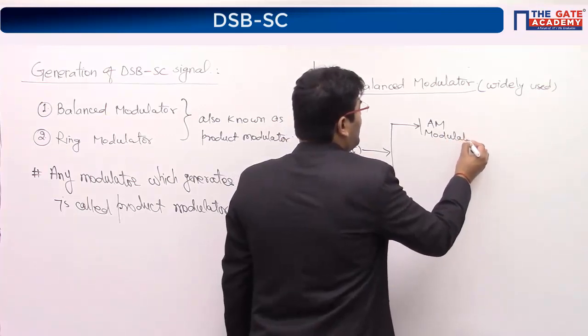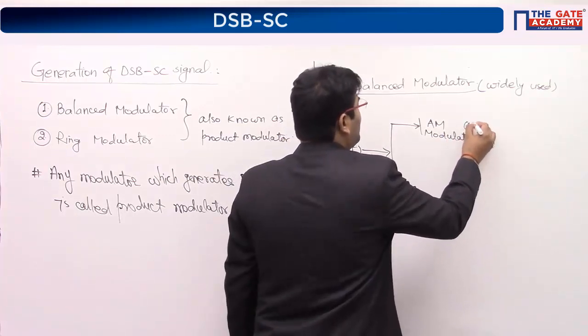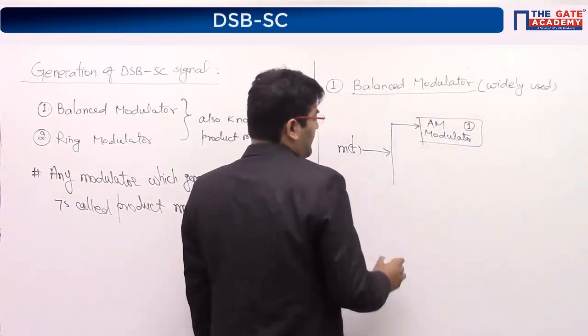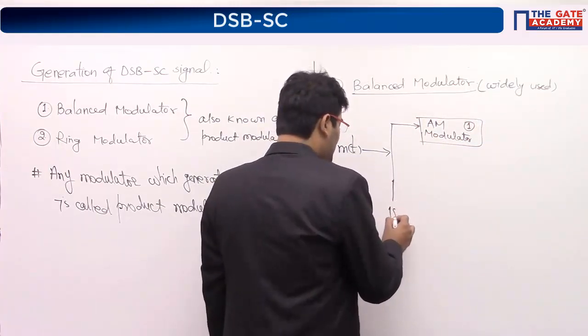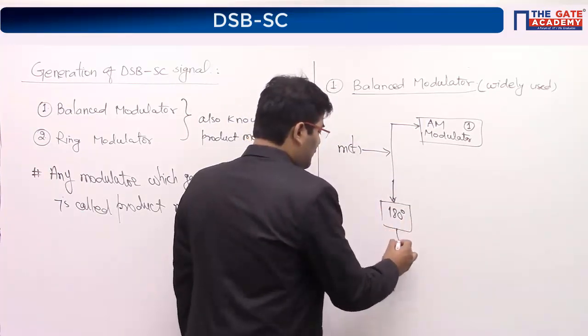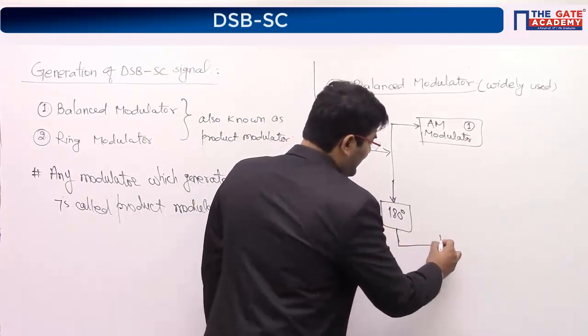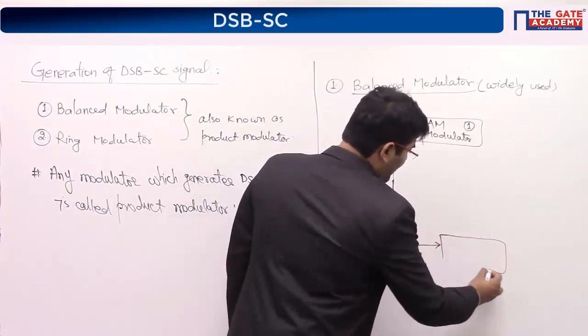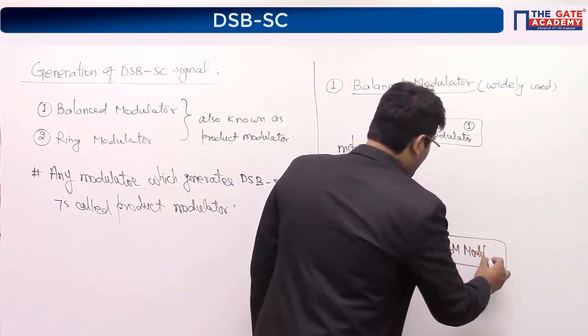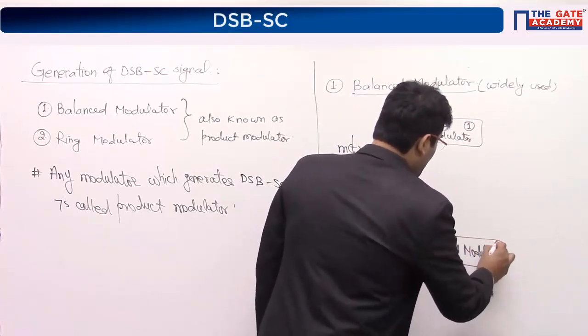AM modulator, first one. So I'm writing 1. The same message signal goes into a phase shift, and again it is getting fed into another AM modulator. So please write AM modulator 2.